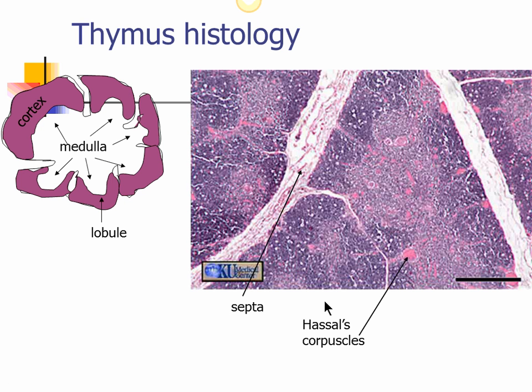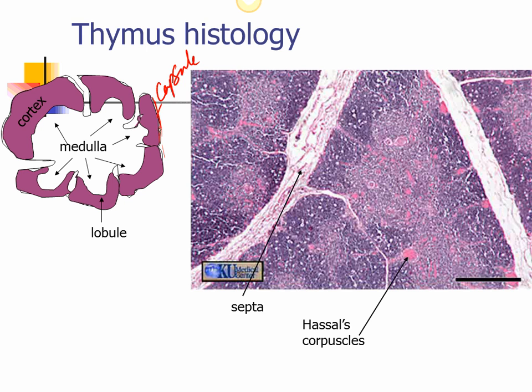Let's look at the histology of the thymus. Imagine these as the two lobes, so this is one lobe and this is another lobe. The thymus has a capsule on the outside. Many organs have connective tissue on the outside, which is called the capsule.